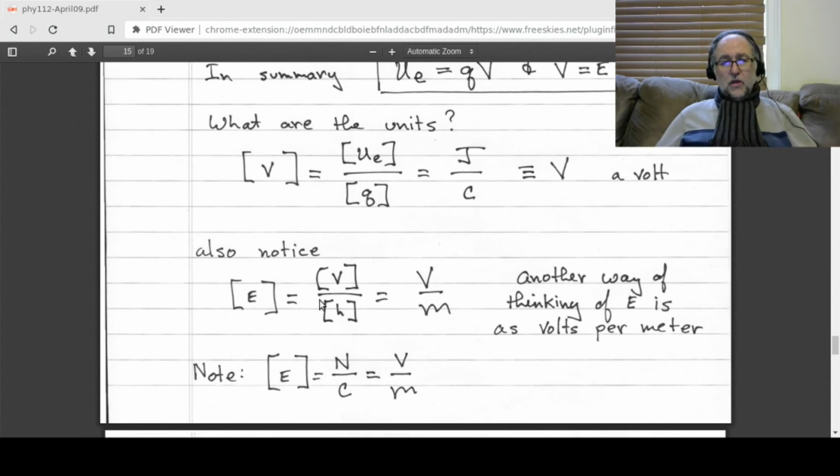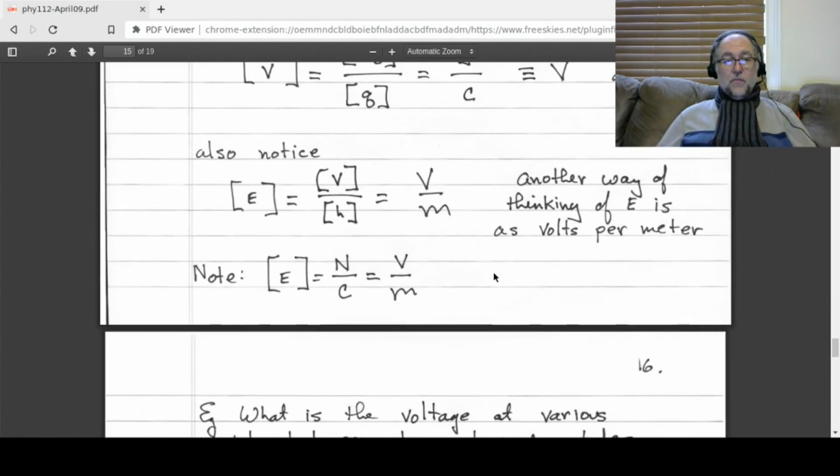And so an electric field can be written as volts divided by h, and voltage is measured in volts, and distance is measured in meters. So another way to think of an electric field is that it's so many volts per meter. You can either think of electric field as so many newtons per coulomb if you put a charge at a particular point in space, or it is so many volts per meter for how far you've actually displaced the charged particle into an electric field.